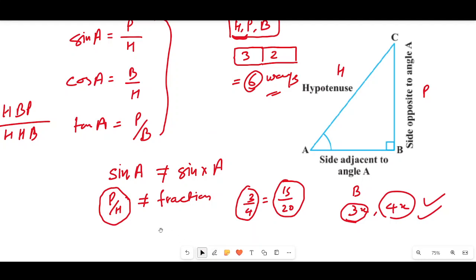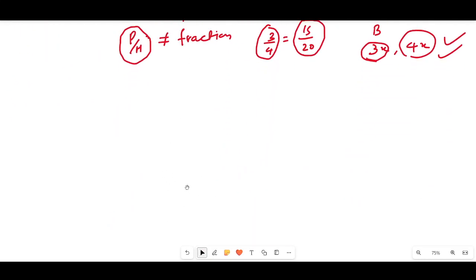Now suppose tan A equals 4 by 3. This is the ratio in its simplest form.